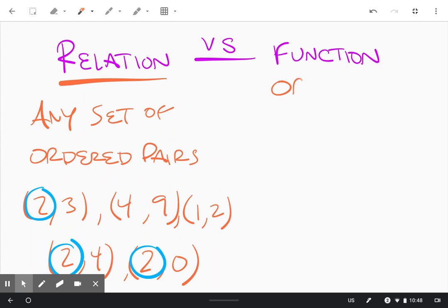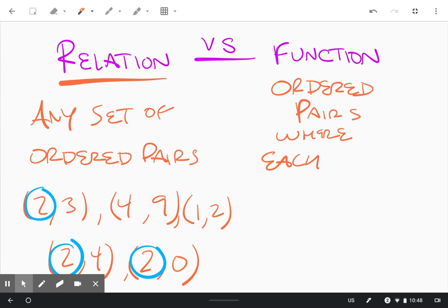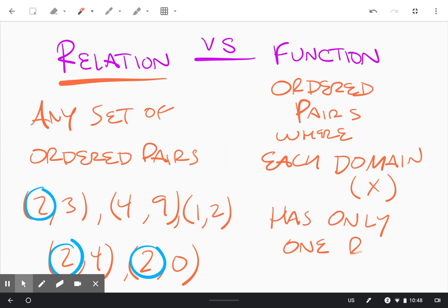It's ordered pairs where each domain value, or x value, has only one range value.